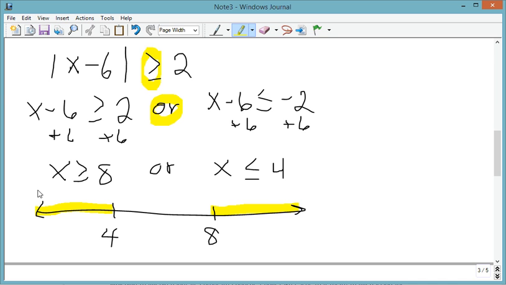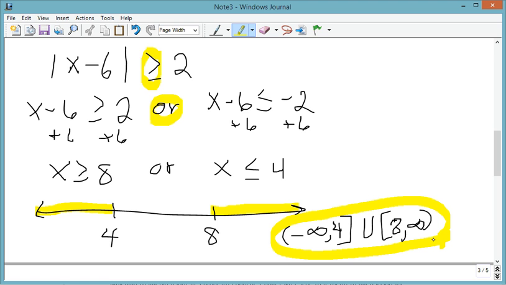So when it's an or, it's everything. It's not the overlap, it's everything. So that means my answer would be from negative infinity to 4, union, and this is what the union means, that or, 8 to positive infinity. Okay, there's how I would write my answer.